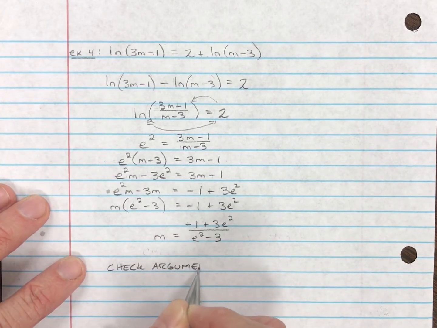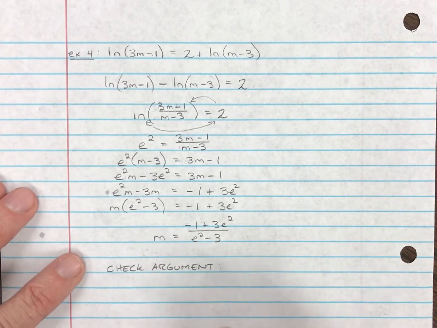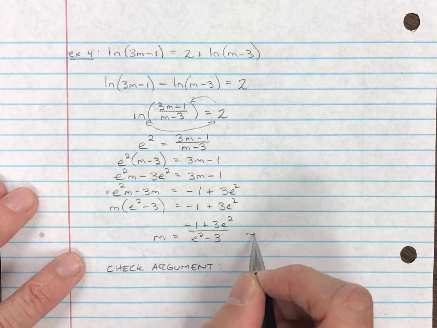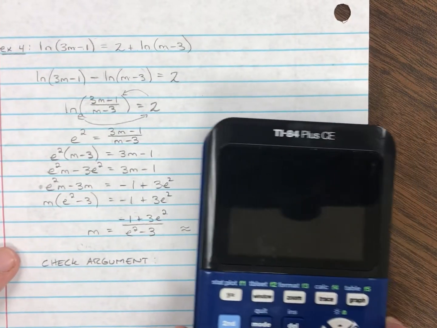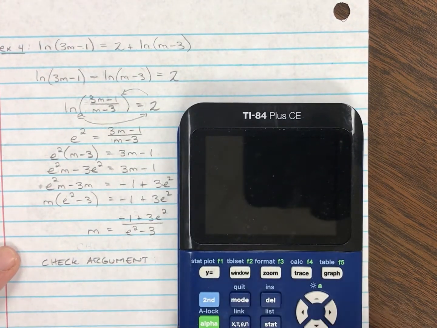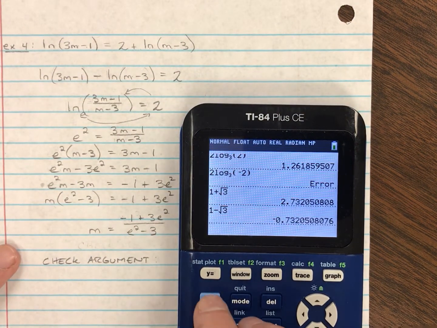And then you could check it with your graphing calculator. Let's make sure the argument. This is approximately equal to, let's see here. Let me move this over a little bit. That's a mess, isn't it? Okay, let's get out of my graph.